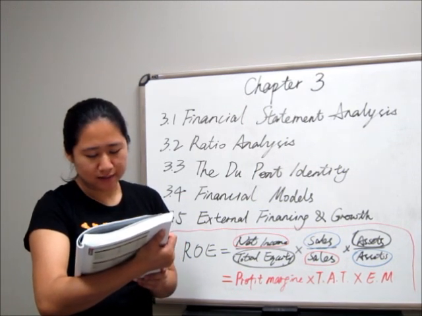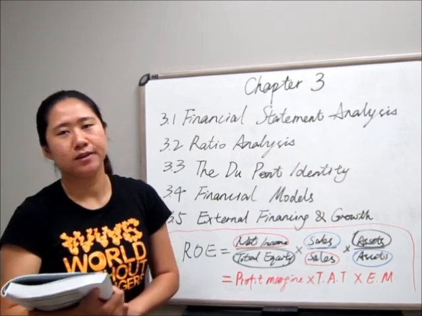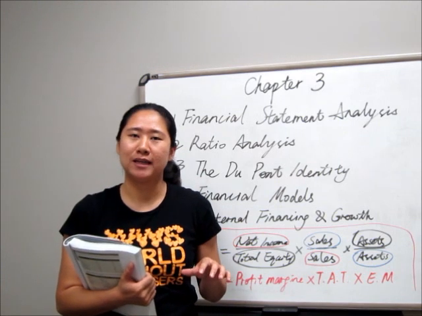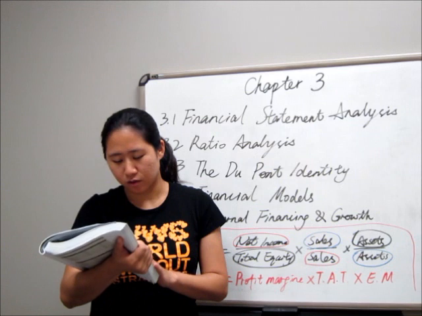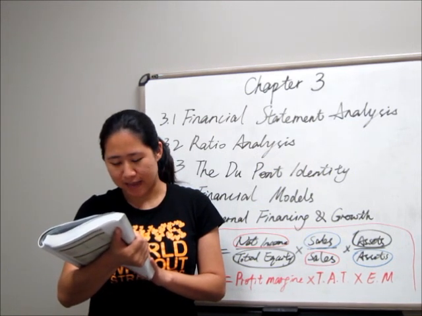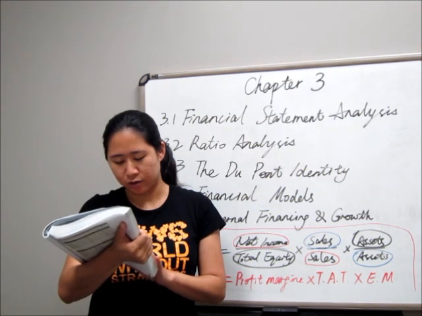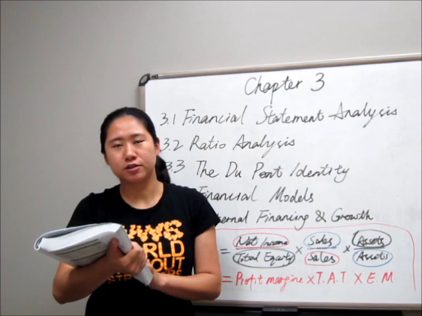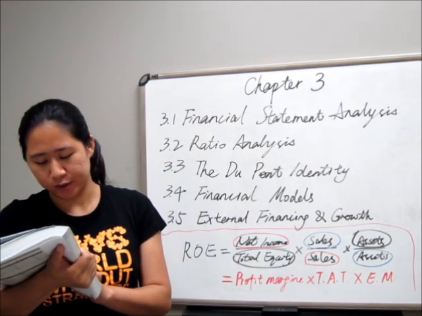The second group is long-term solvency or financial leverage ratios. This group focuses on the company's capability to meet its long-term liabilities. The ratios include total debt ratio, debt equity ratio, equity multiplier, times interest earned ratio, and cash coverage ratio. The third group is asset utilization or turnover ratios.